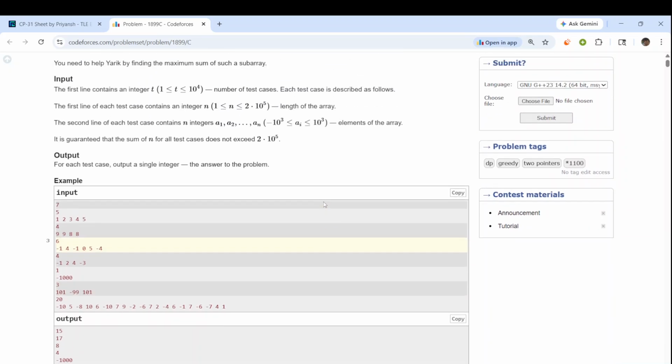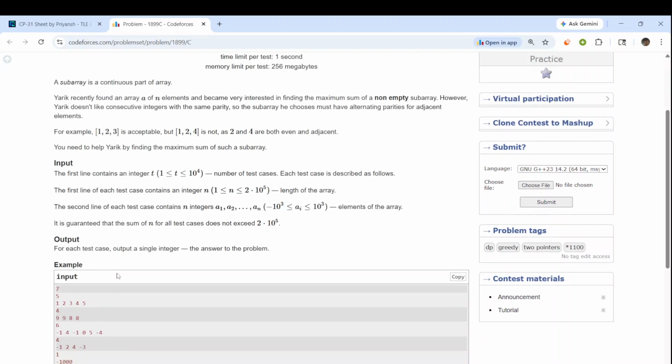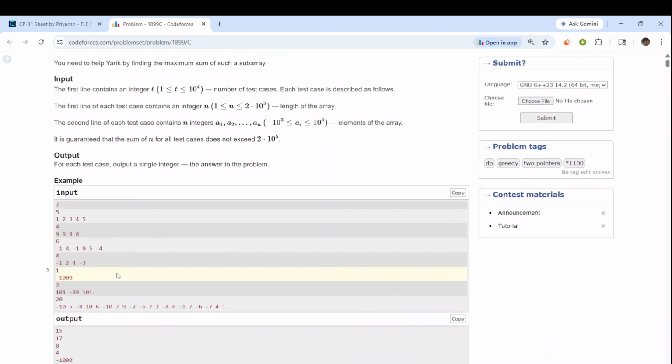There is always such a subarray. The maximum sum of a subarray. Okay, the answer is okay.